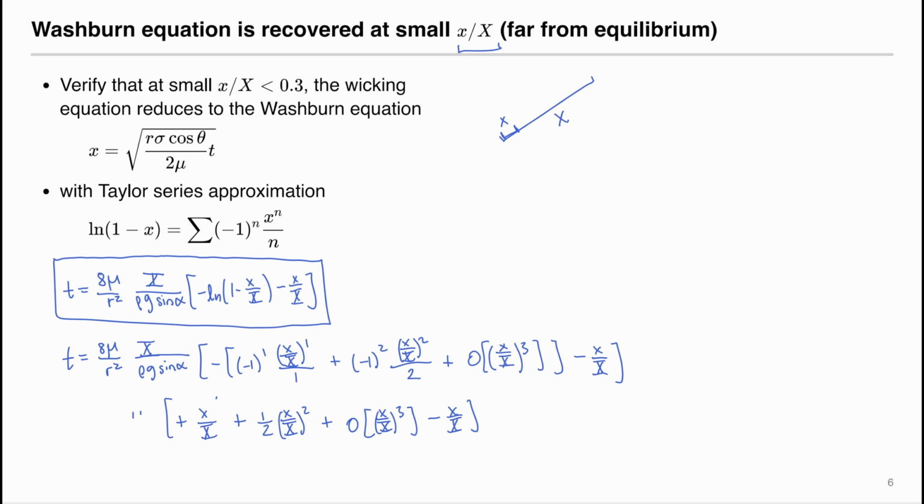And the ratio cancels out, so we'll have everything 1/2 x divided by big X squared, plus order.